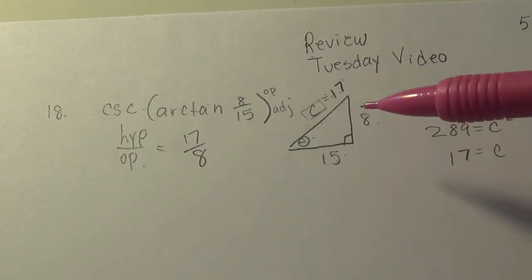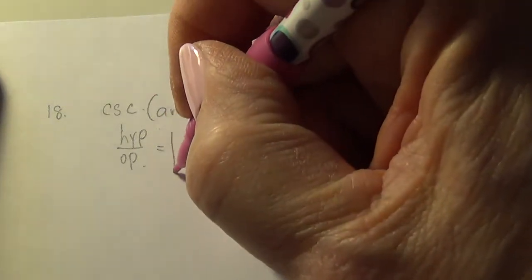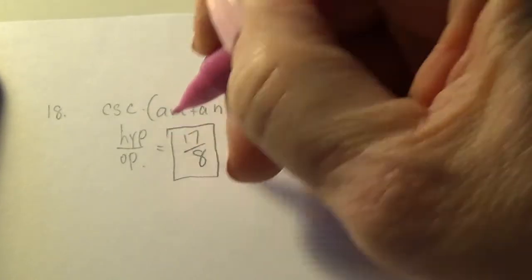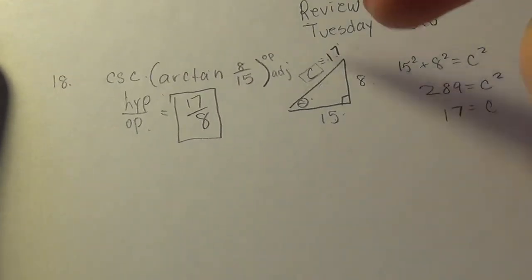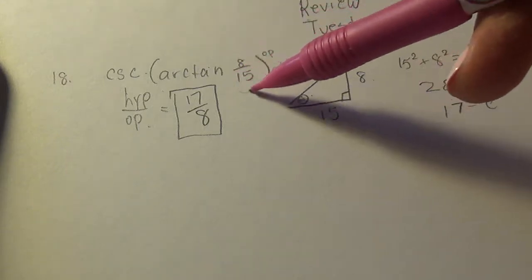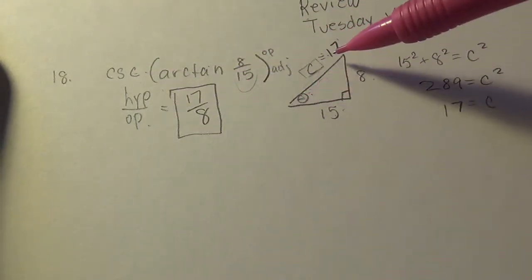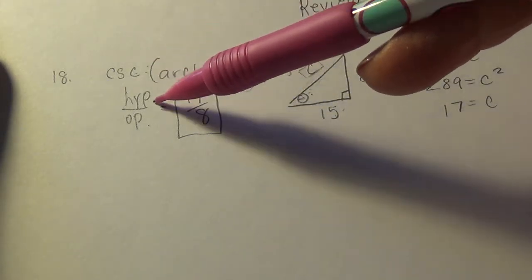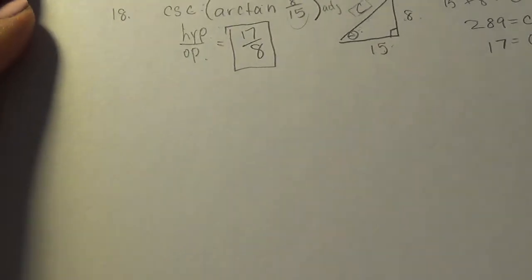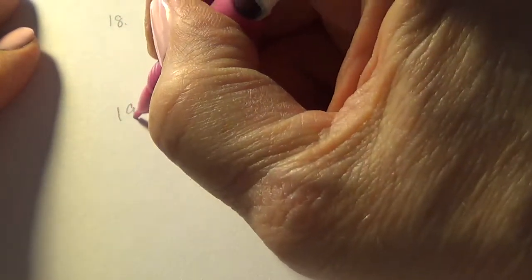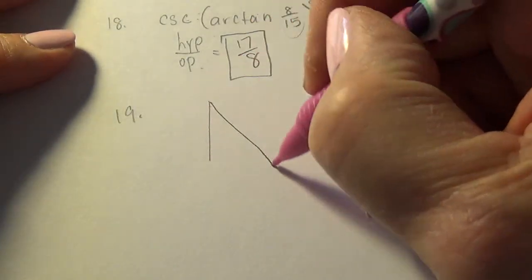So I'm going with my answer again. We found several glitches in this exercise, so we are stronger than that. Once you draw the triangle from this information, you take the cosecant of this angle, so it's hypotenuse over opposite, 17/8.